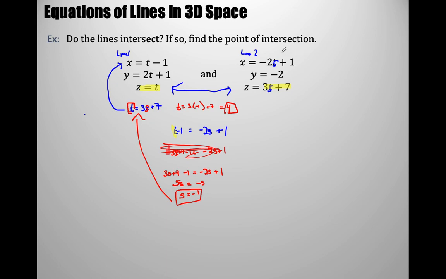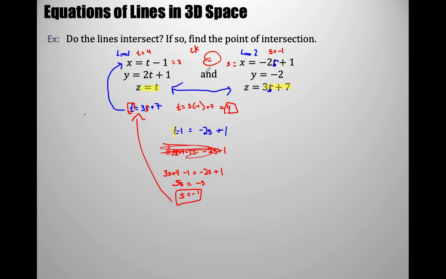I got s to be negative 1, and over here I have t is equal to 4. And now I have to check, right? When you put 4 into here, don't you get 3? Do you get the same thing when you put negative 1 here? 2 times negative 1 is -2. -2 plus 1 is... well, I get 3 here as well. I'm a happy person.